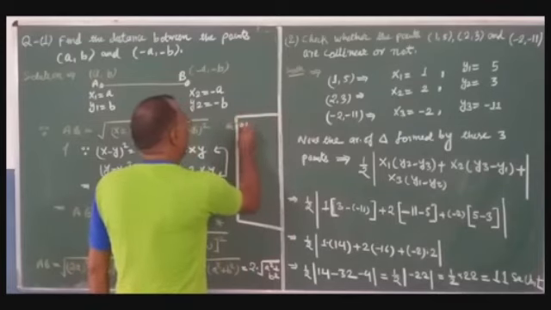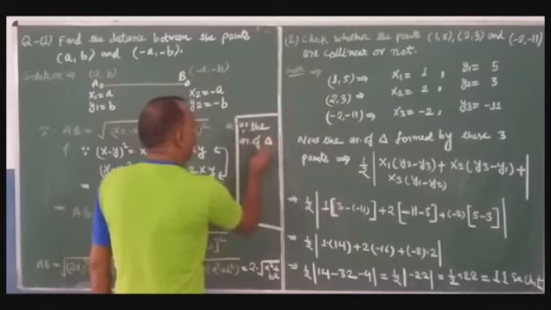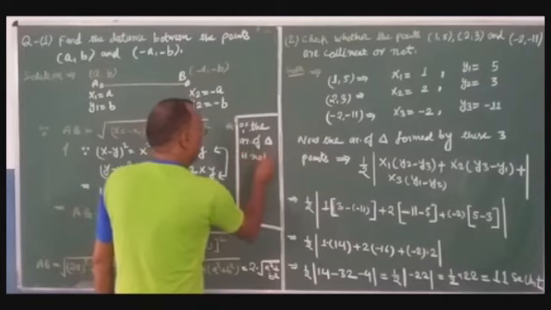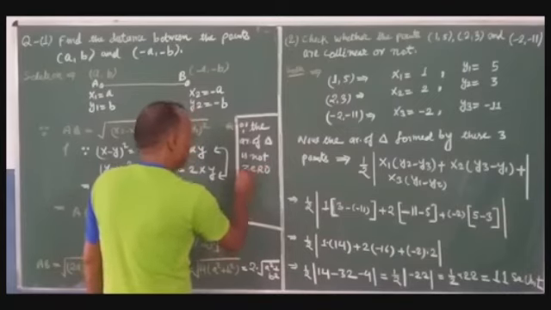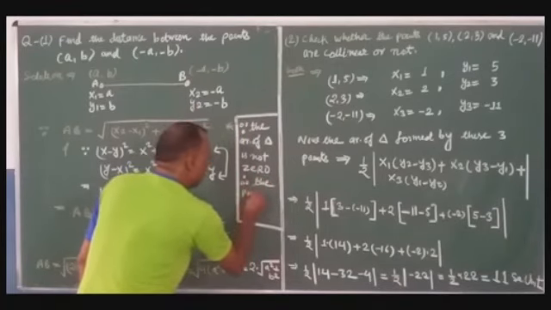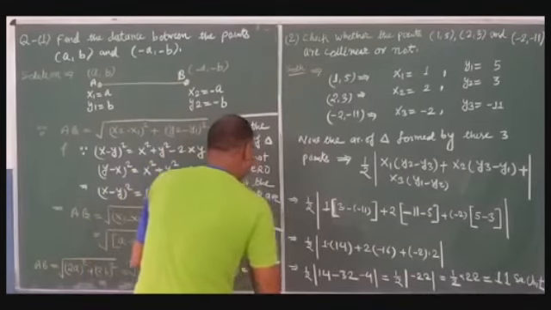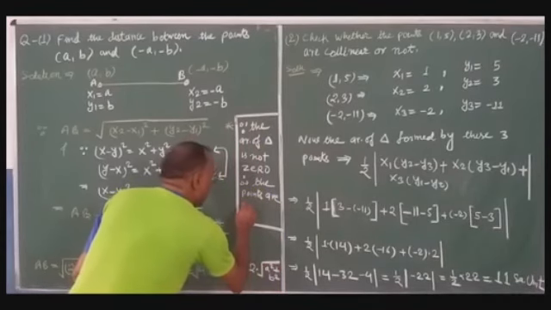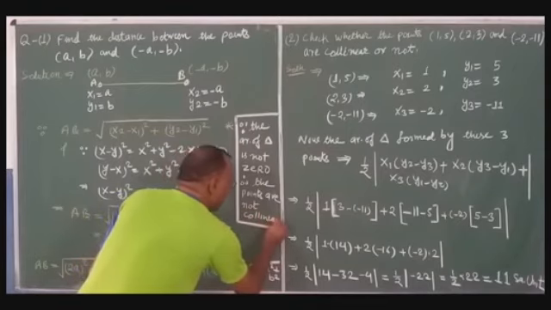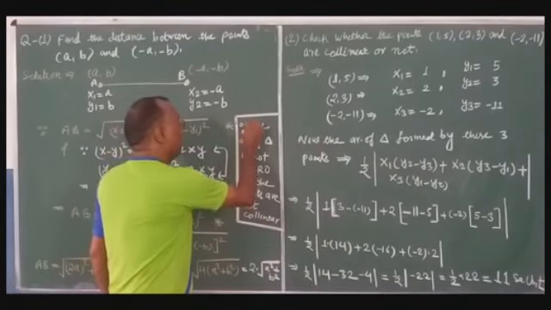Since the area of the triangle is not 0, therefore the points are not collinear.